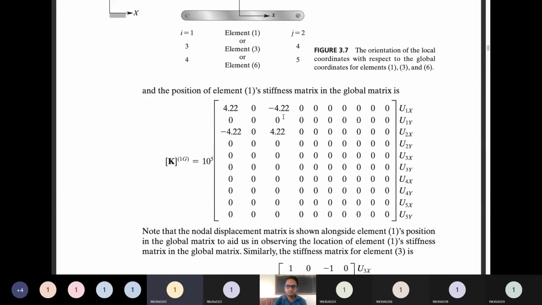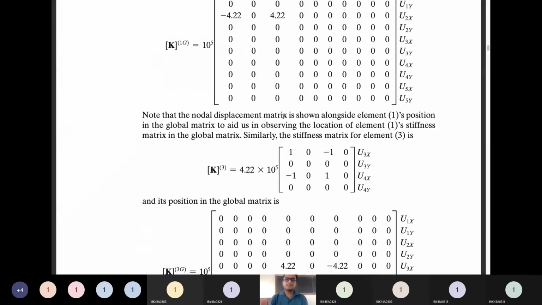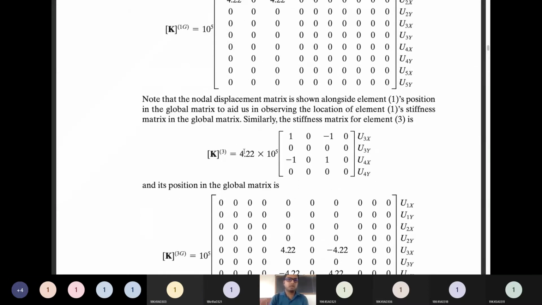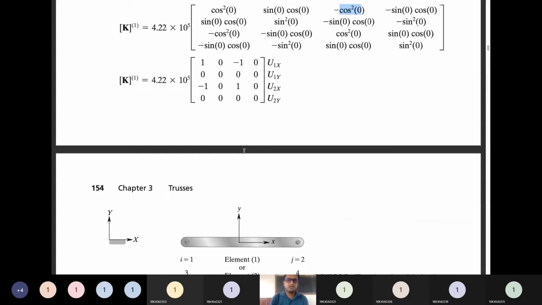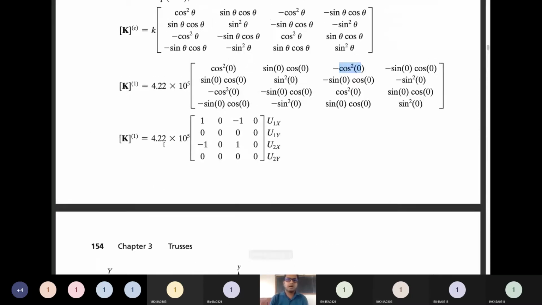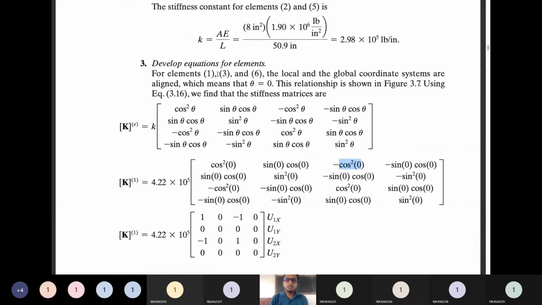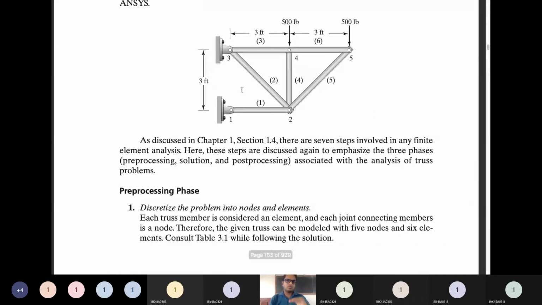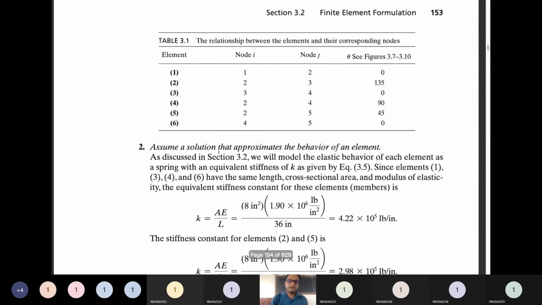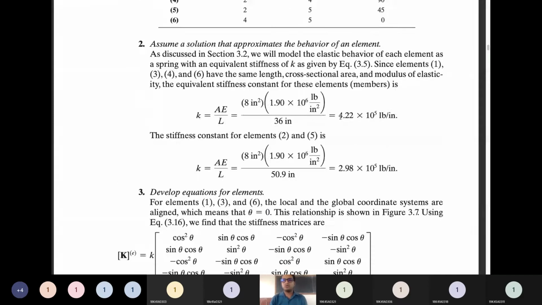Yes, sir. Okay. Now coming to your element number 3. Element number 3 is the same as we have calculated for 1. As you can see here, 1, 3 and 6, they all are of equal length. And their K values we have calculated over here, 4.22 into 10 raised to the power 5.